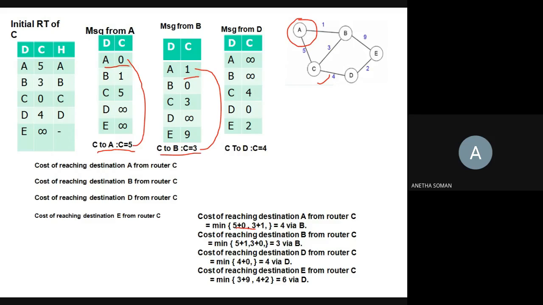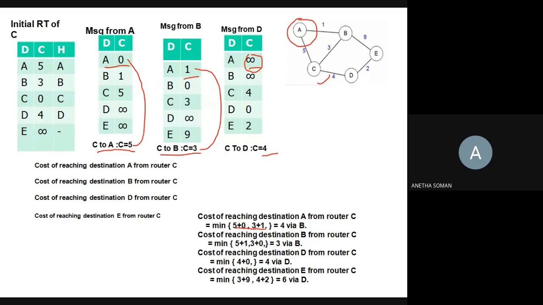Right? So 3 plus 1 is written in the next step. Now again, I want to reach my destination A from my router C. I got a message from D. But you can see that this fixed cost is equal to 4 and the A value is equal to infinity. So eliminate that. No need to write that.